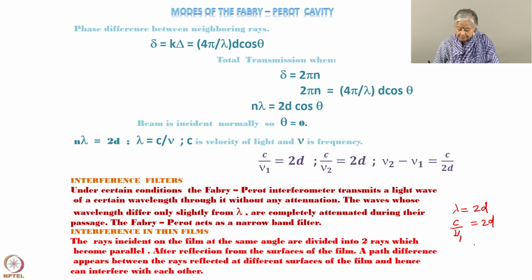And when n is equal to 2, 2 lambda is equal to 2d, so lambda is equal to d, so c by nu 2 is equal to d.